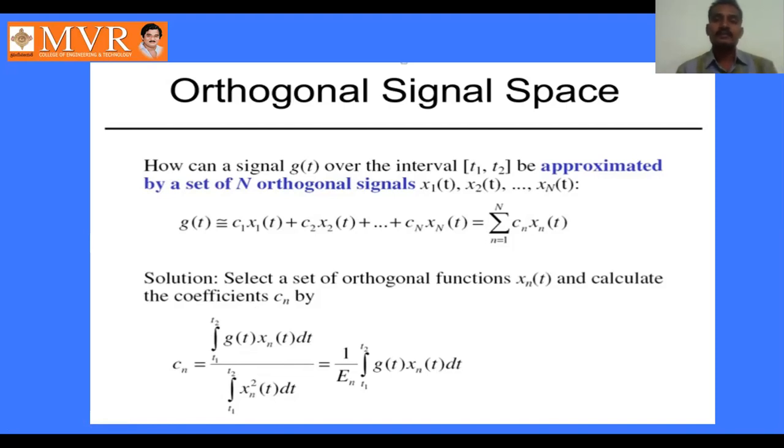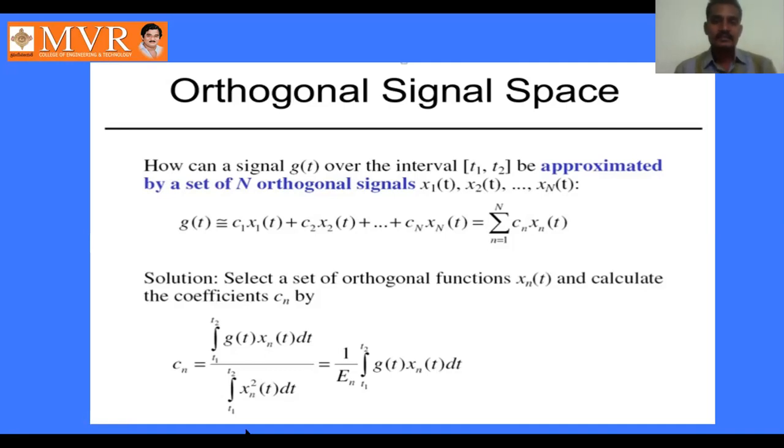But here we have n number of orthogonal signals, whereas in the earlier case we have a single signal x(t) with g(t), similarly a single vector, that is g and x.